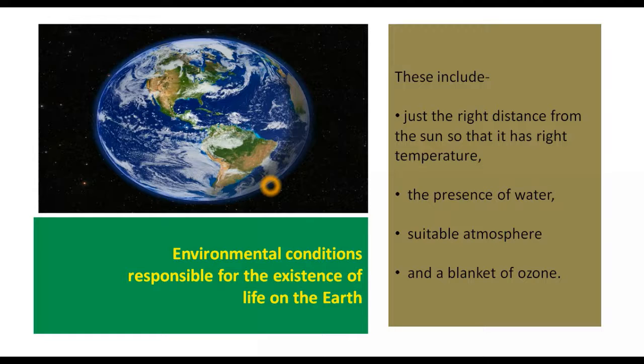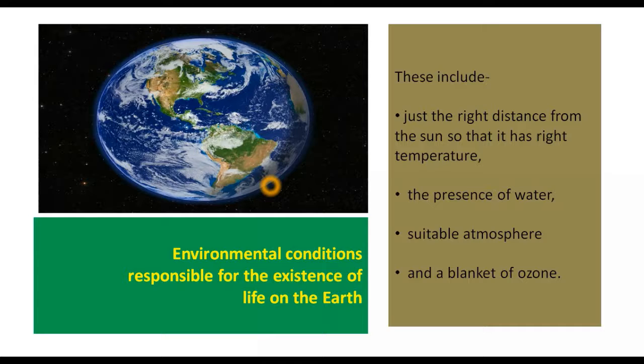And so it means Earth's atmosphere plays an important role in maintaining life on the Earth, right? Another thing is that the Earth has a large quantity of water. In fact, it's the only planet to have lots of water. And this water helps in the continuation, evolution and maintenance of life on Earth. There can be no life without water, right?